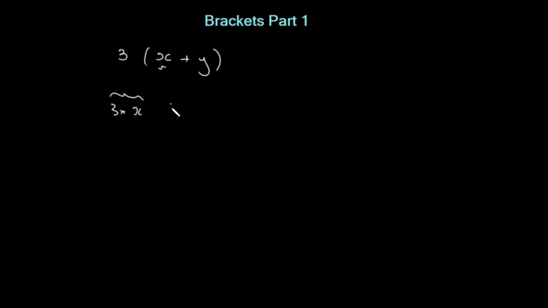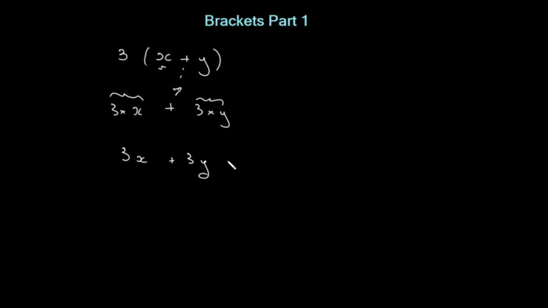There's the plus. 3 times y. That is that one dealt with. But we don't put the multiplied in there. We go 3x plus 3y.